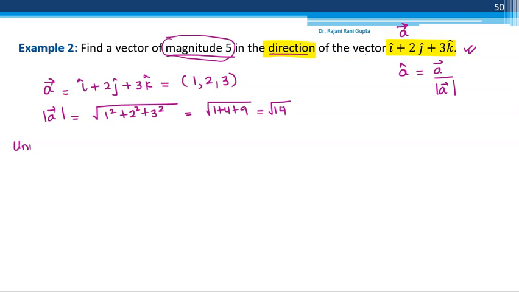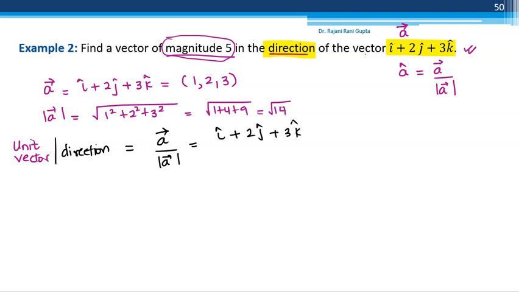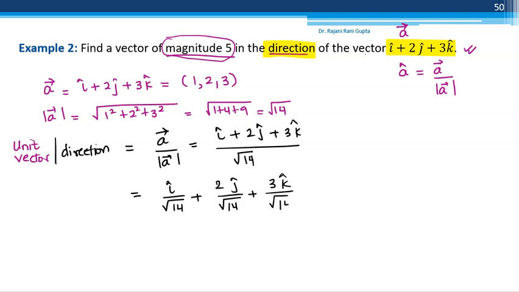So the unit vector, or I should write the direction, is given by vector A over the magnitude of vector A. So which is i plus 2j plus 3k, this whole divided by root 14. You can split it up as i over root 14 plus 2j over root 14 plus 3k over root 14.